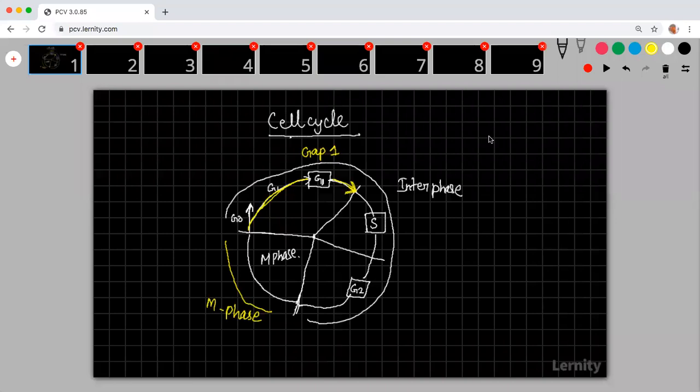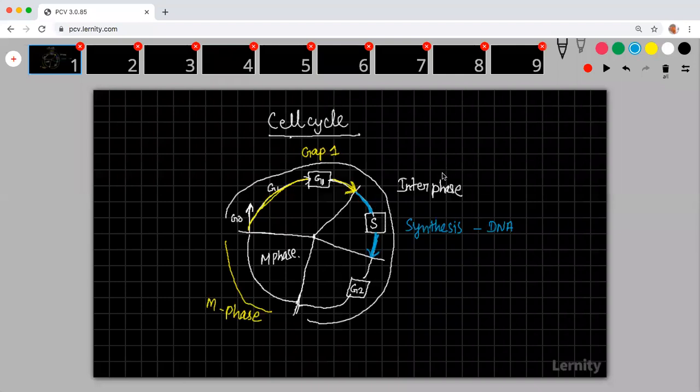So what is the S phase? The S phase is the second part, where the synthesis of DNA happens. The S here indicates synthesis. What is synthesizing? Synthesis of DNA. So this is being formed.